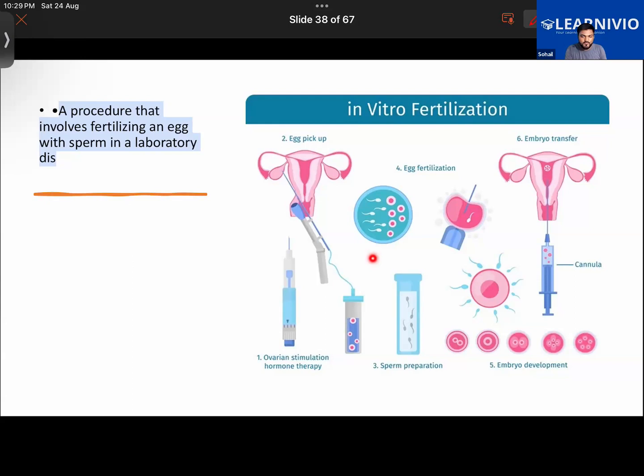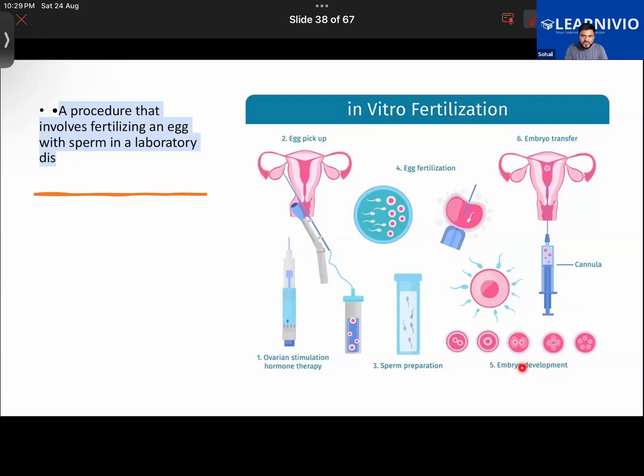Now, in the fourth step, fertilization is done in a petri dish, a laboratory dish. You can see the sperms and the ovums being made to fuse together, and hence fertilization takes place there. Getting it, everyone?